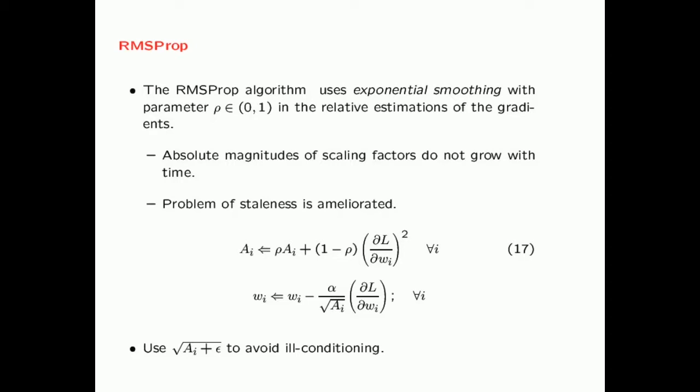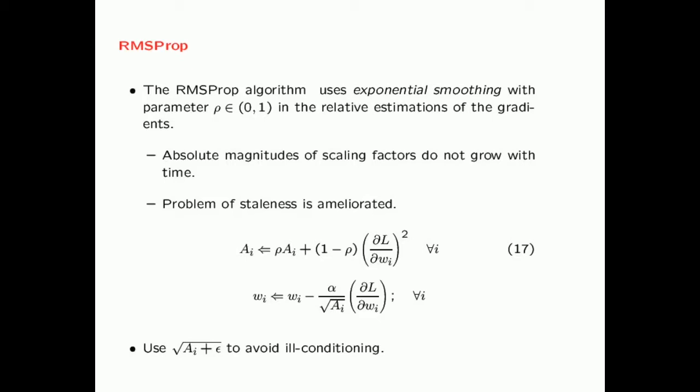Here you are using exponential averaging. So you are taking rho AI plus 1 minus rho del L by del Wi squared. You can show that by recursively applying this equation, you are essentially taking averages which are discounted using rho as a geometric factor.